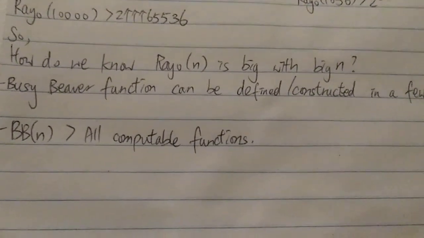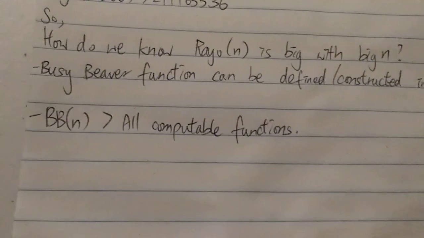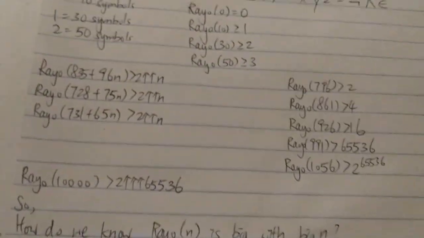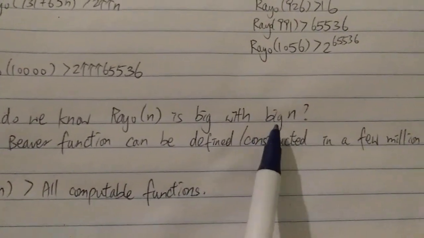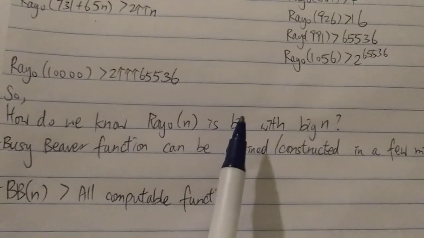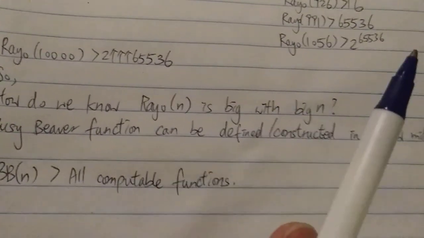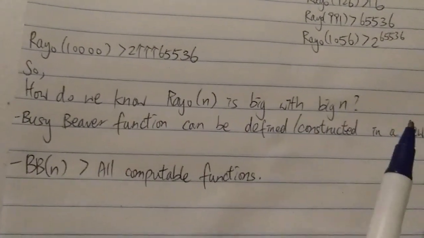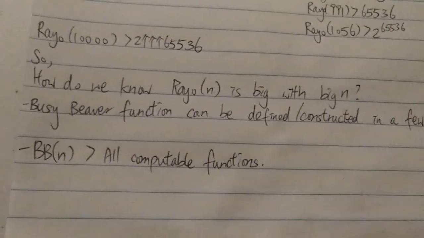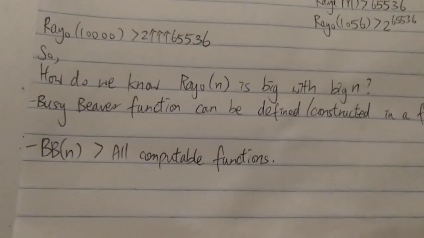So using that logic, we can already tell that Rayo's number, at least if you're using very big N, is going to be extremely, extremely big, way bigger than most numbers you can think of.